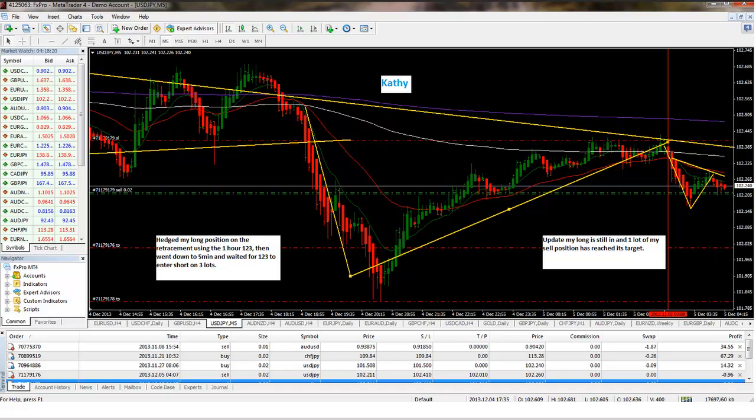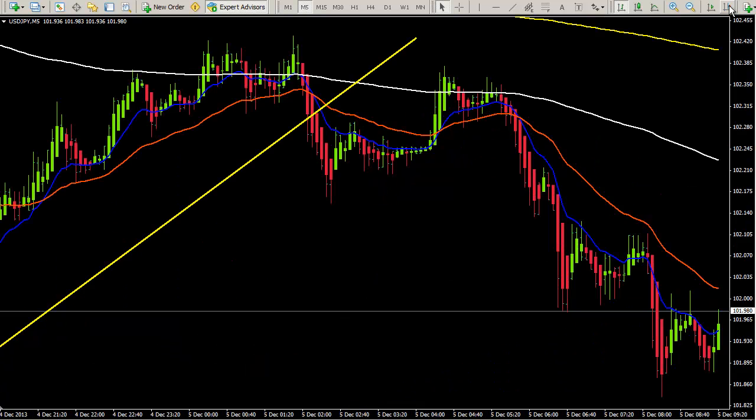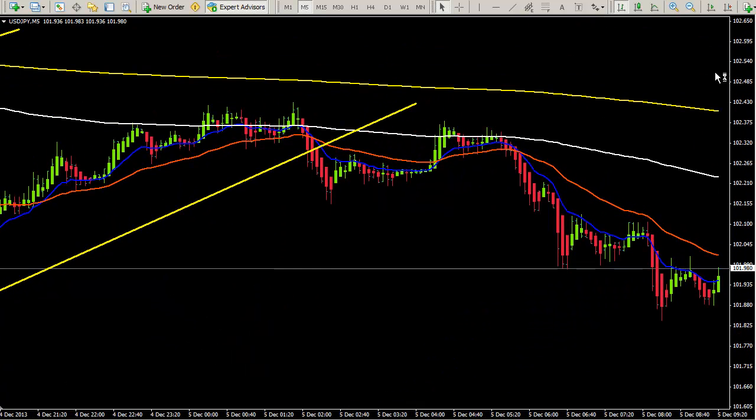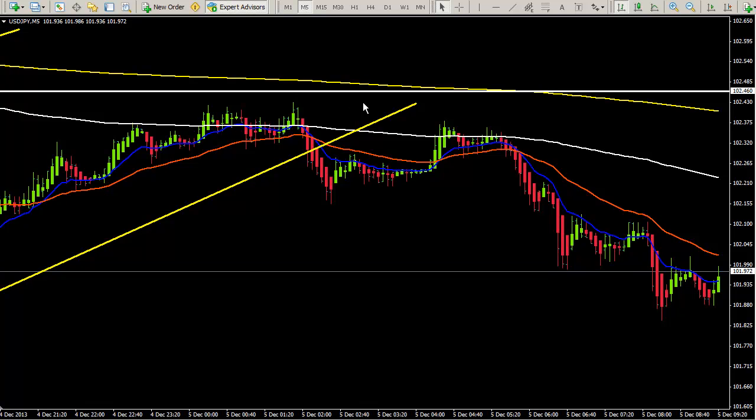So that means that what she did actually is, let me go back to the 5-minute chart. She had a stop somewhere up here, right, which is really close, because the reason you hedge a position is to lock in profits, right?